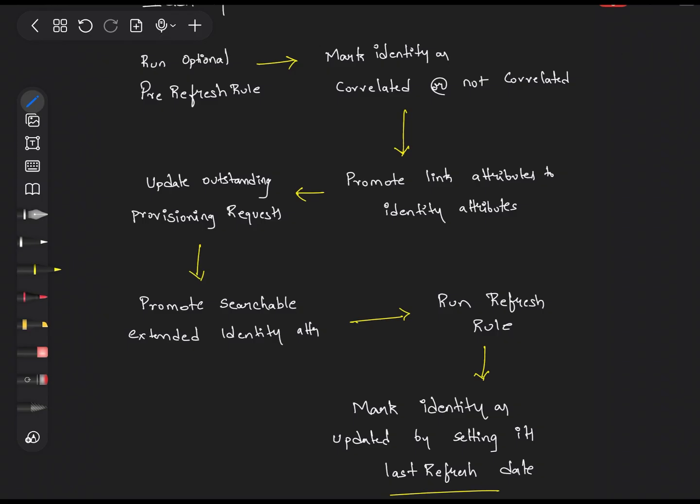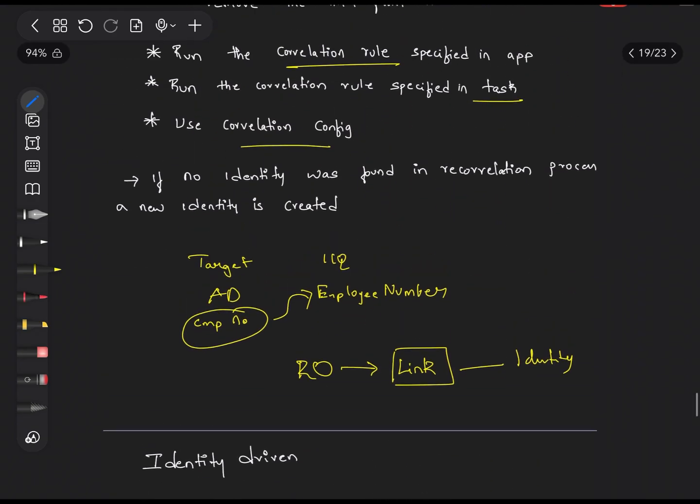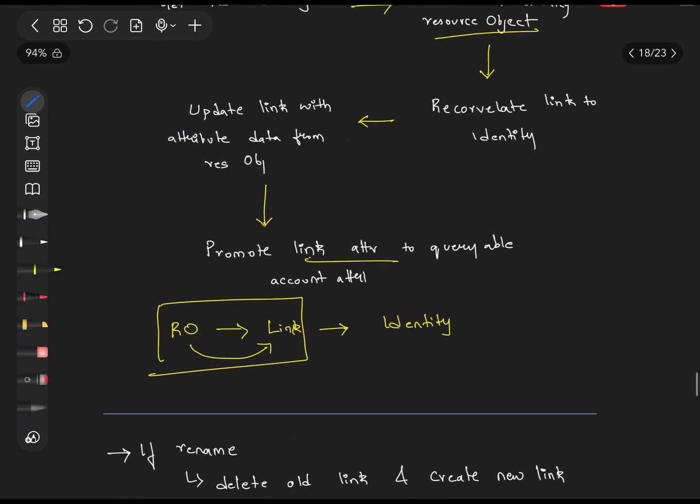At a high level, you get the application, get the set of resource objects, and aggregate each resource object. For each resource object, you will have two phases.